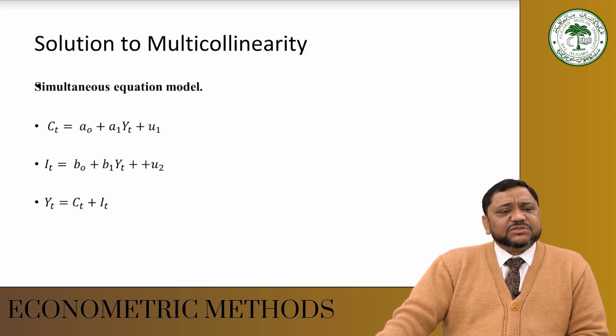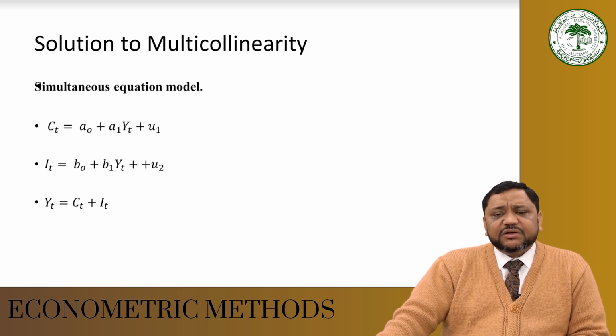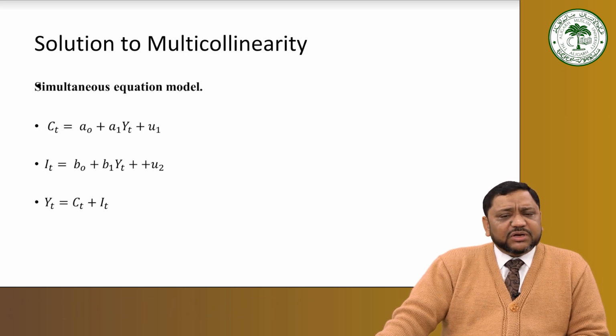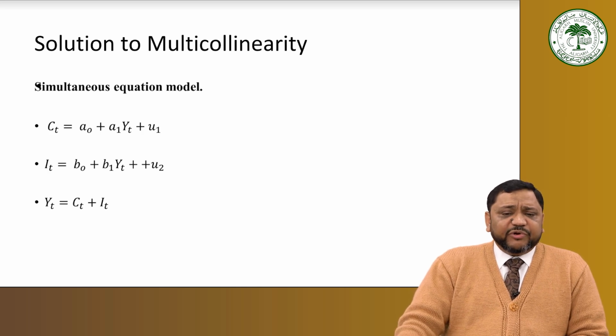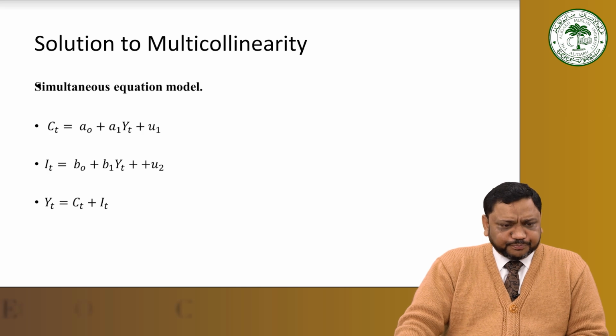In this model, all equations are estimated simultaneously, taking into account the relationship of the variables. This approach allows the model to allocate variation among correlated variables more efficiently, and that potentially reduces the problem of multicollinearity as compared to when you are taking each of the equations separately.